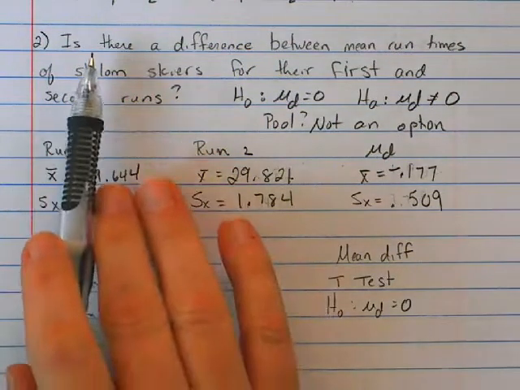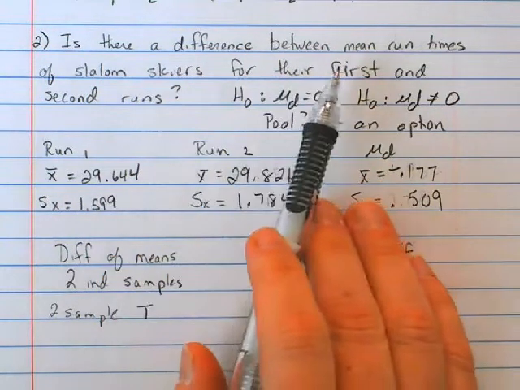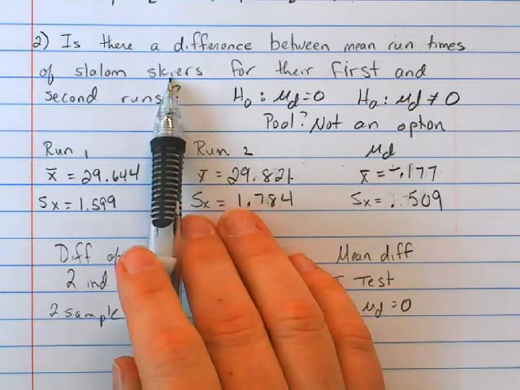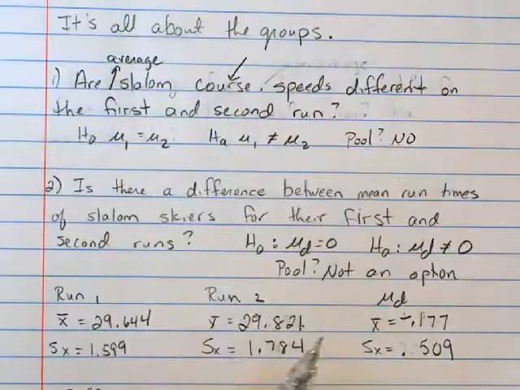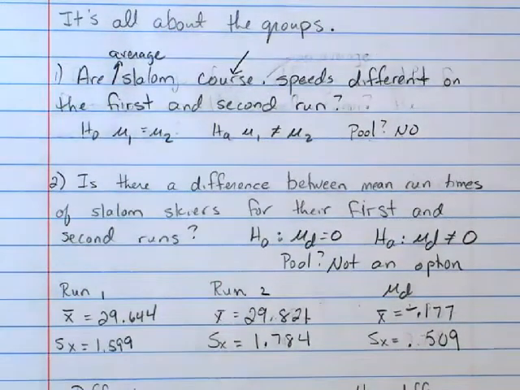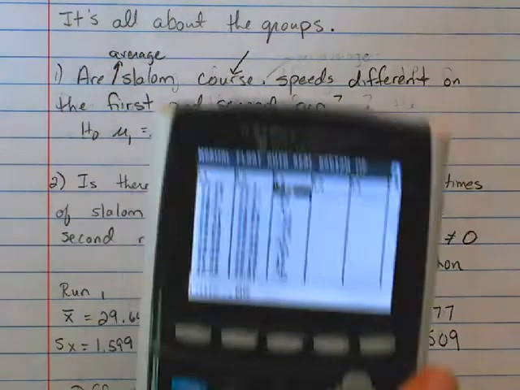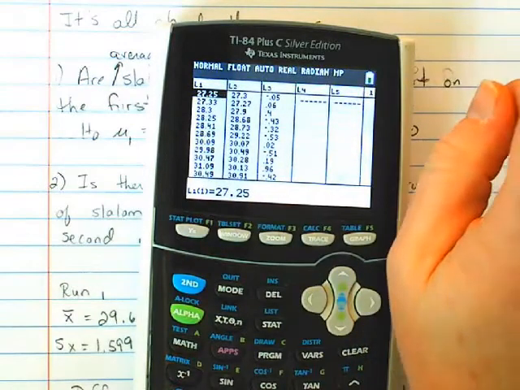So let's take a step back and say, okay, all right, Miss Meyer. Is there a difference between mean run times of slalom skiers for their first and second runs? Definitely paired data because I'm talking about a skier, their first and second runs. It's mu d. Let's talk about the slalom course. If I look at my data, I've got the average time of 14 different courses.